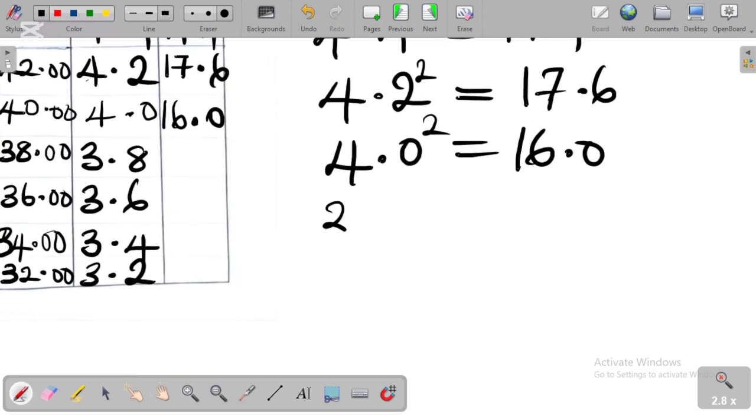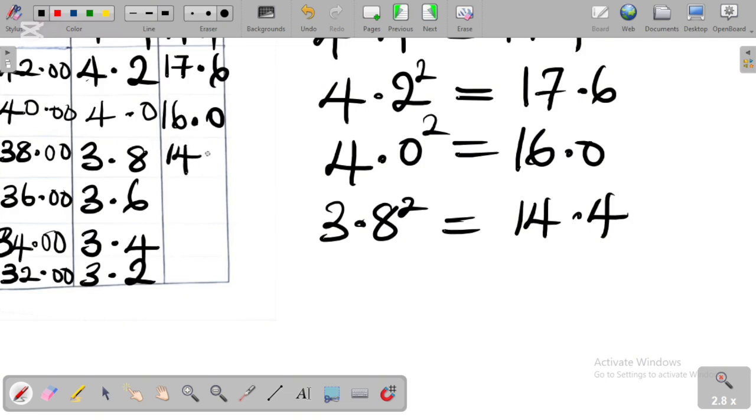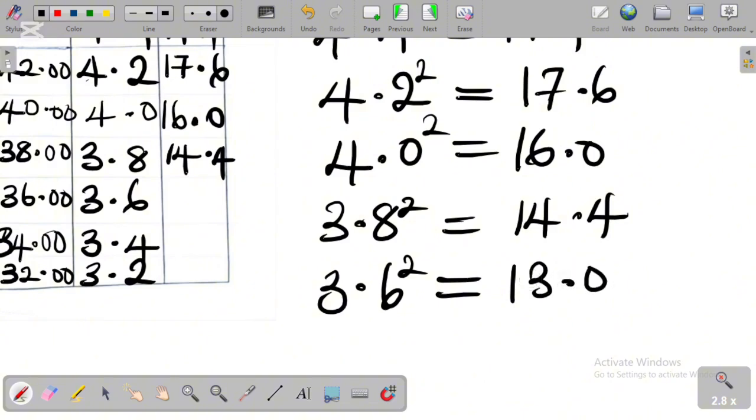The next one is 3.8 raised to power 2. Our answer becomes 14.4. So write down here 14.4. The next one is 3.6 raised to power 2. So we have 13.0 as our answer. So write here 13.0.